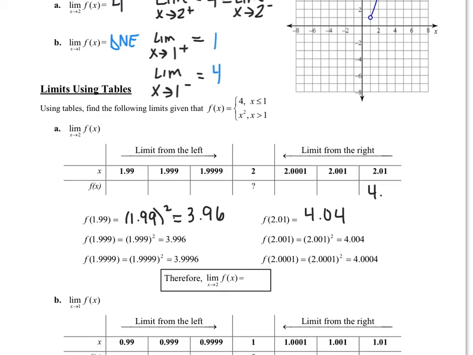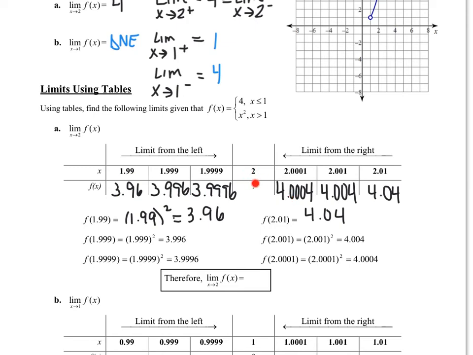So 4.04, 4.004, 4.0004, and 3.96, 3.996, and 3.9996. So look, as the graph is approaching 2 from the left, this number is increasing and increasing and getting close to 4. And as we go back from the right, it looks like it's getting closer to 4 as well.